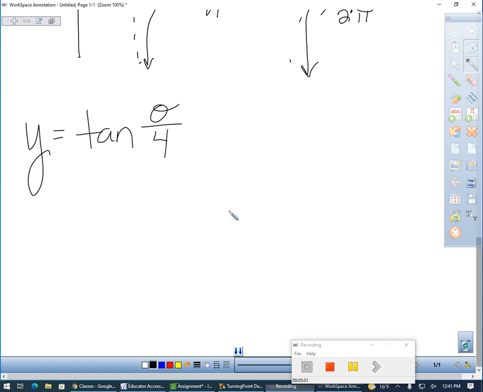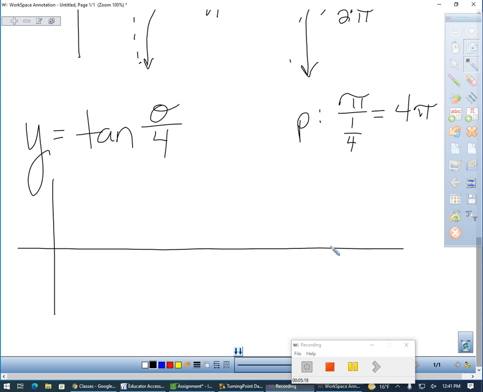So this time we take pi to find our period, pi and divide by 1/4. So it would be 4 pi, right? So on our graph, just like before, we know we have a beginning at 0. A middle is going to be at 0, technically the end of one period, so that would be at 4 pi. And I want you to come out here and do a second one.